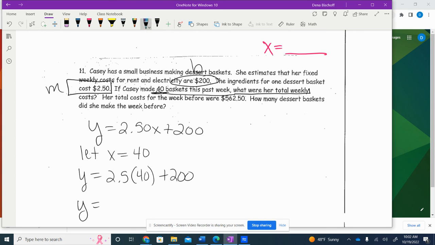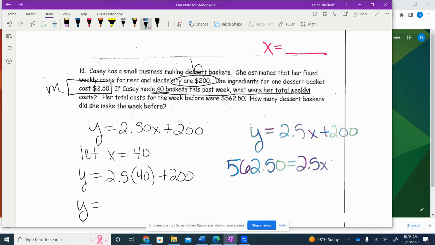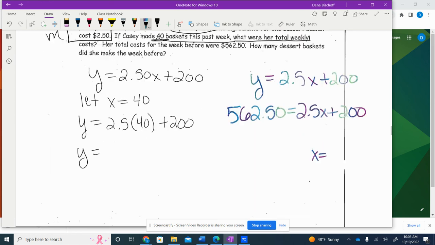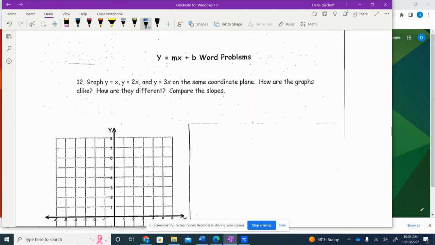The second part of this question says the week before, using the same equation, 2.5x plus 200, her total costs were $562.50. You're trying to figure out how many dessert baskets she made that week. So you're going to solve for x here. Two problems, same question. All right.